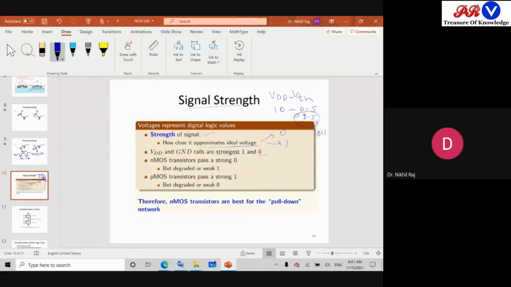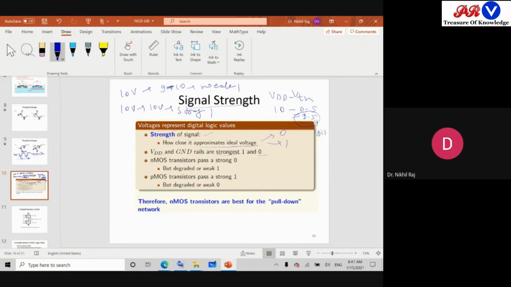So we say this is a weak 1. Like 10 volt is my full swing, and if I achieve 9.1, or say 9 to 10 volt in between, we say this is a weak one, not a strong one. But if I achieve 10 volt out of 10 volt, then we say it is a strong one. So weak and strong keywords are used in this manner.